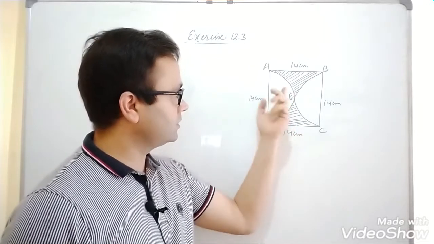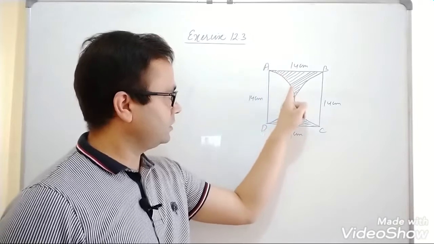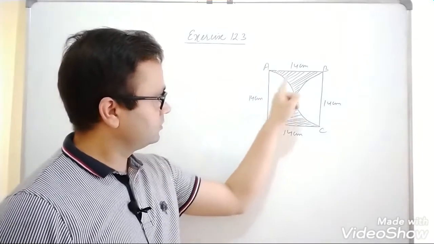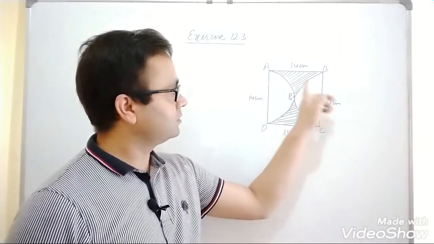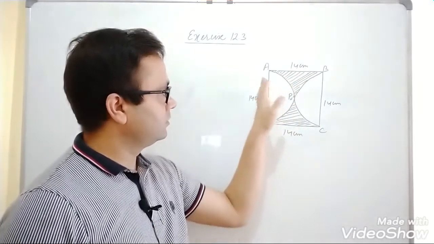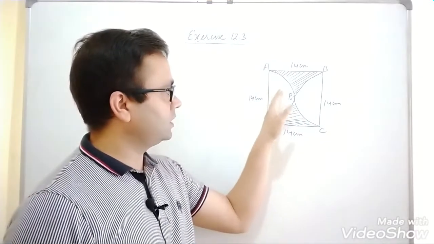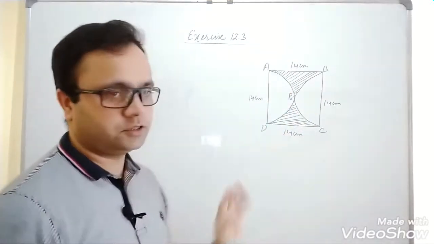Think, analyze: remove this and you will get this part, and remove this and you will get this part. So for the area of the shaded region, we have to subtract the area of two semicircles from the area of the square.